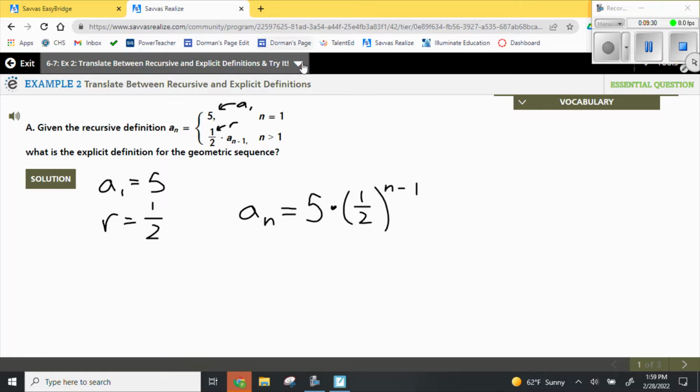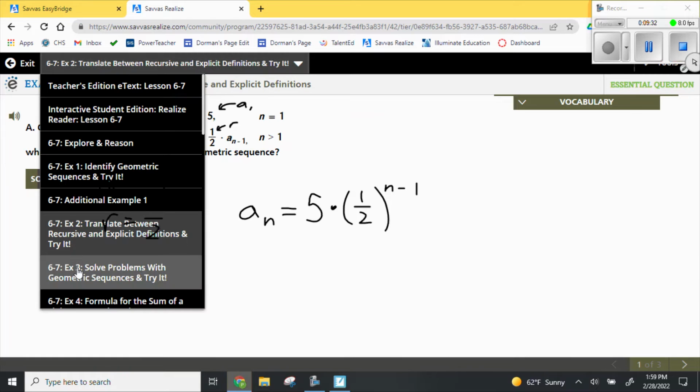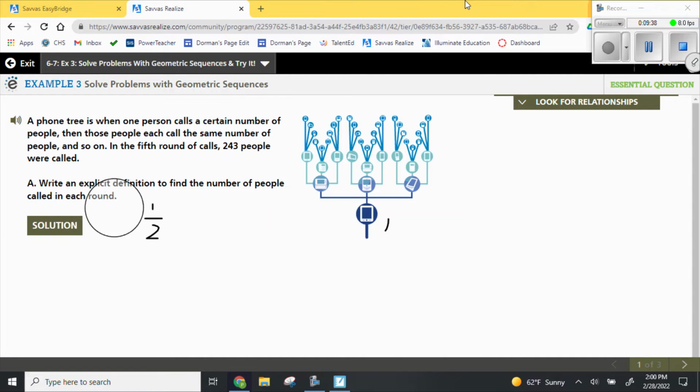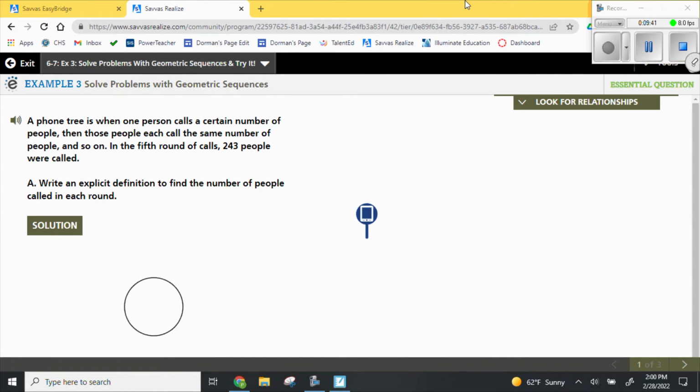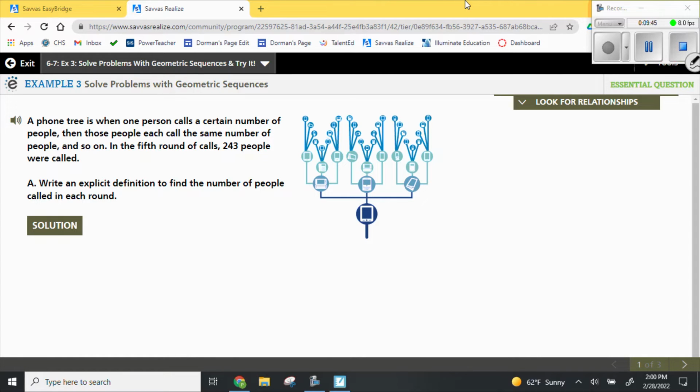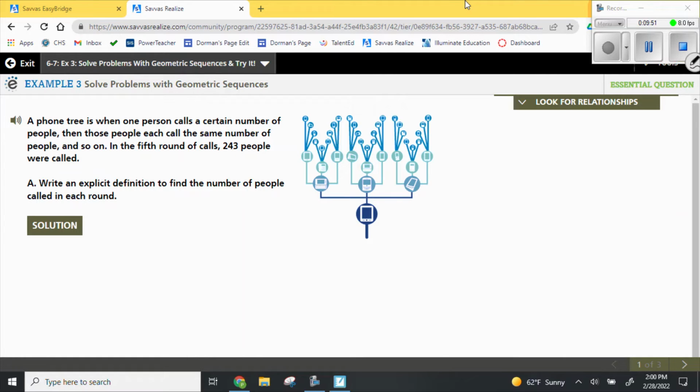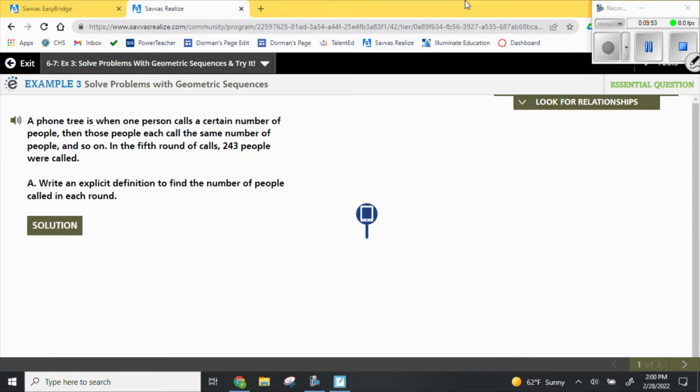All right, let's go ahead and do a problem with this. All right, so we've got this phone tree example. So one person calls a certain number of people, and then those people call the same number of people, and so on. We find out that on the 5th round of calls, 243 people were called.